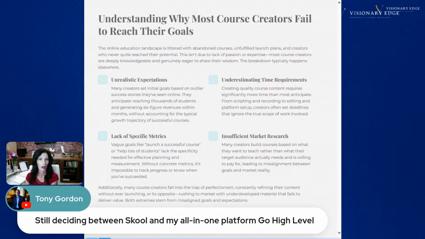You can tell I love Skool. I'll probably have to do another training, create a course about Skool, because I'm loving it so much. There are different ways you can set up a freemium model where the Skool community is free to your members, and then have your paid features in there, your paid courses and services that you're offering.